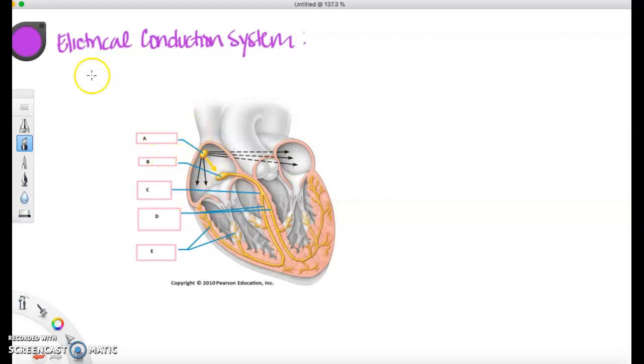So this first one, this right here, is called the SA node.